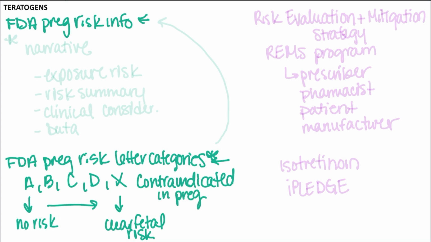So this letter system was replaced by the new system because there were complaints that the letter system could be misleading and did not provide sufficient information about the studies for the clinician and patient to make a well-informed decision.